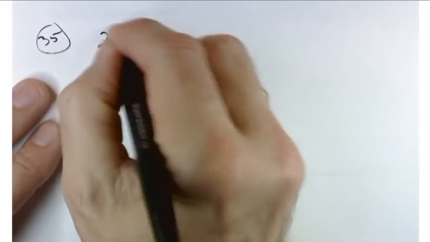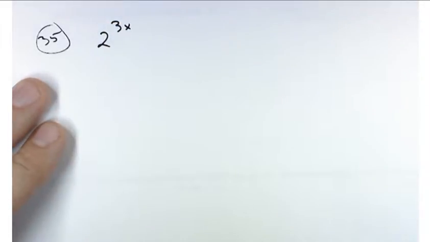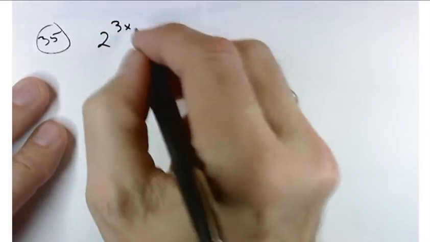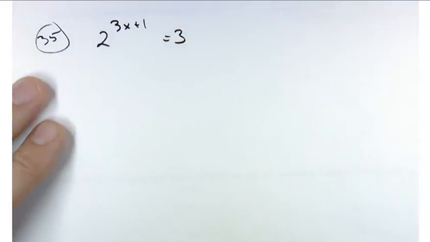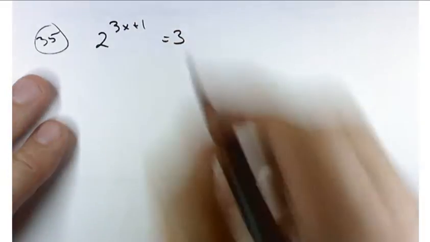Let's try problem number 35. Two to the 3x plus 1 equals 3 to the x minus 2.